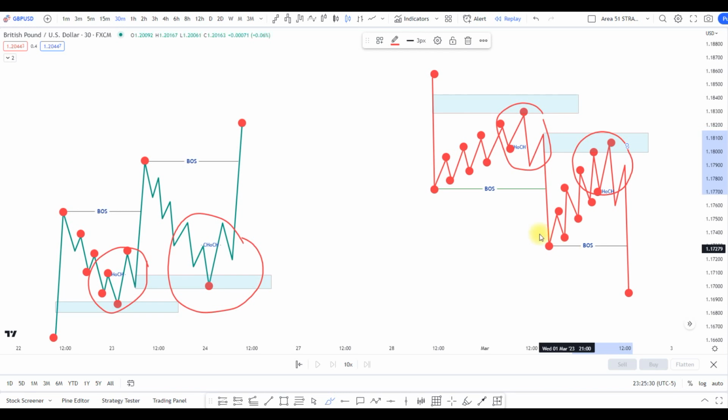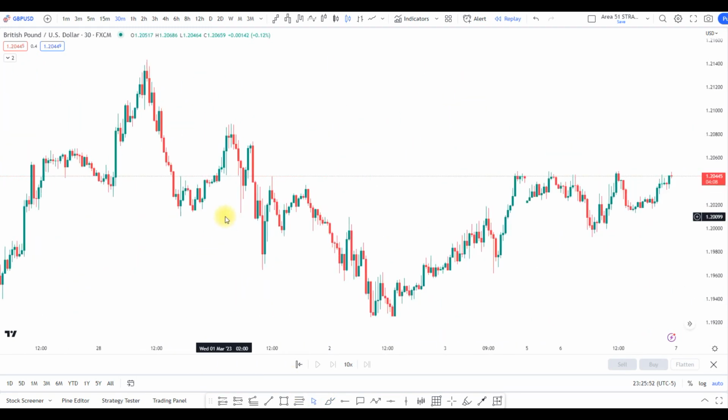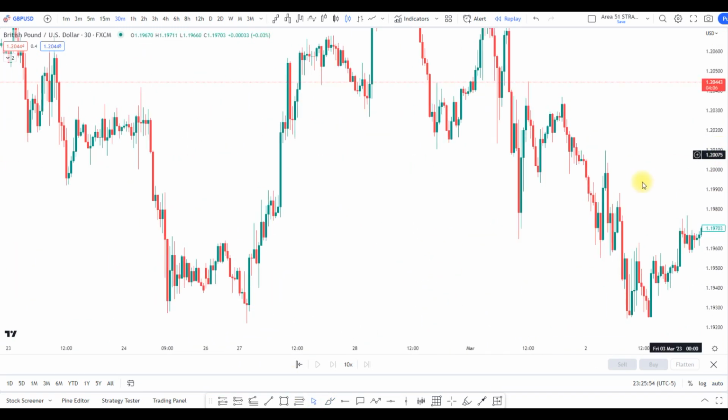All right, guys, now that we have identified the bullish market structures, external and internal, and the bearish market structures, external and internal, what we're going to do is go to the real chart and look at how it looks in the live market. Let's say this is GBP USD data.